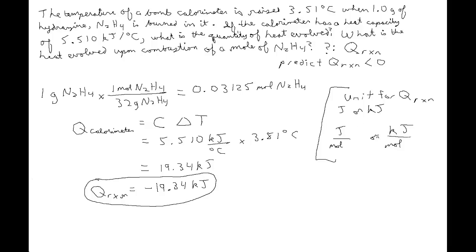So for example, so far here, we've expressed that this particular reaction of this particular mass is producing 19.34 kilojoules. Now let's also re-express this in terms of kilojoules per mole. How would you rewrite that in terms of kilojoules per mole?